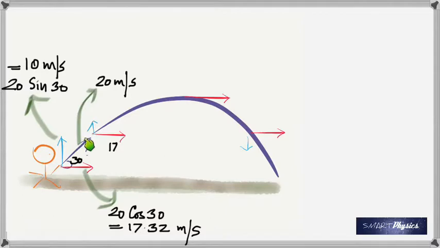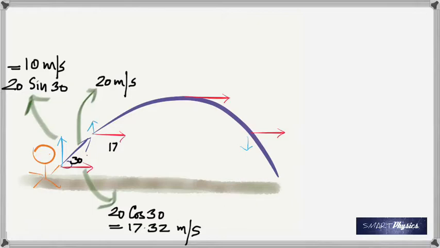The initial velocity, whatever it is, in this case is 20, and the angle could take any value. In this case it's 30, and from the two you got to remember that the horizontal component is 20 cos 30 and the vertical component is 20 sine 30.